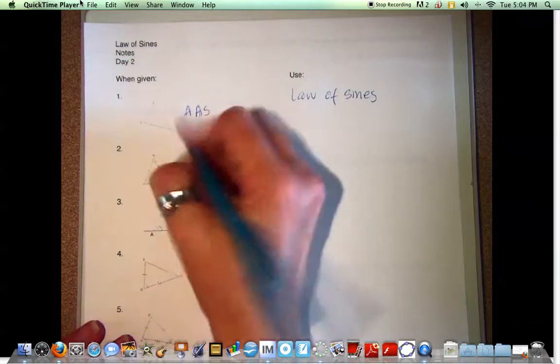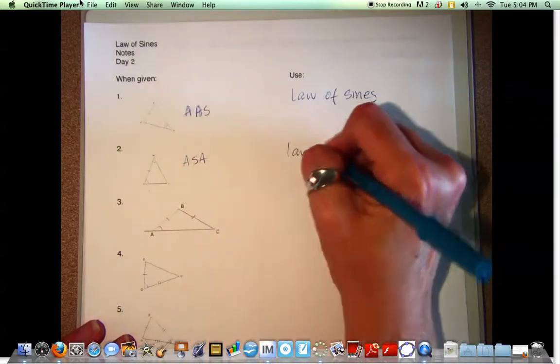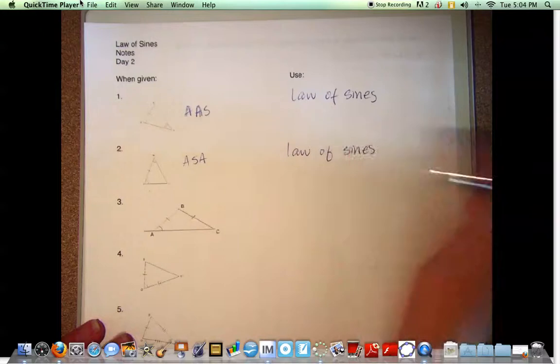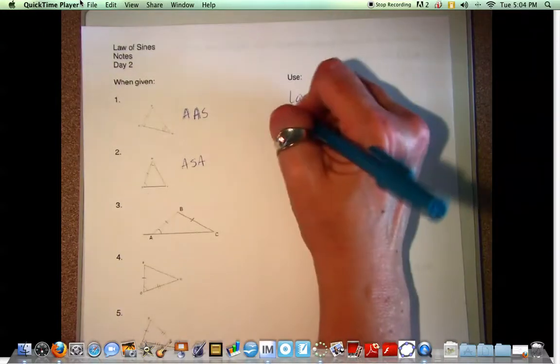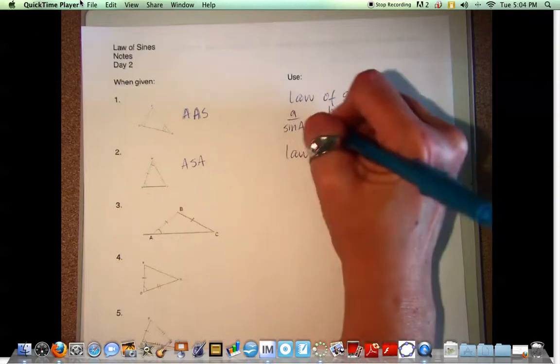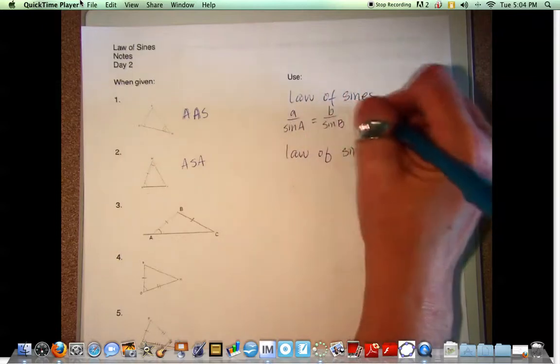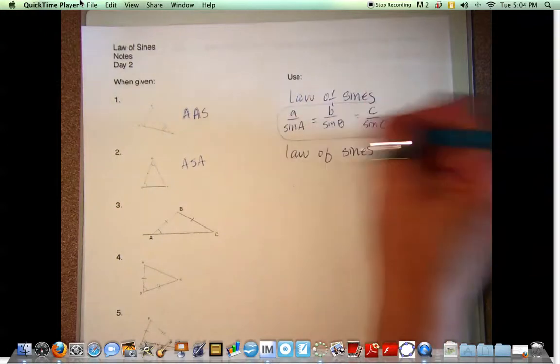This one, angle, side, angle, we use the law of sines for this as well. Just to remember, law of sines is a over sine of A equals b over sine of B, which equals c over sine of C. So this is what we worked on yesterday.